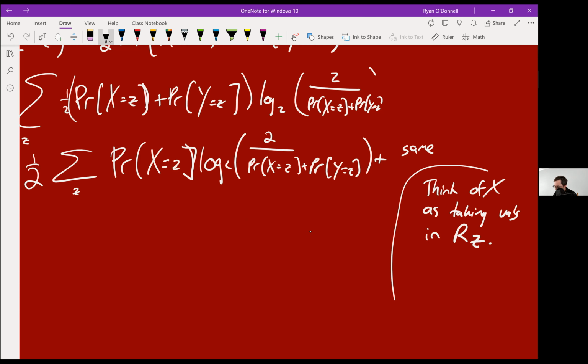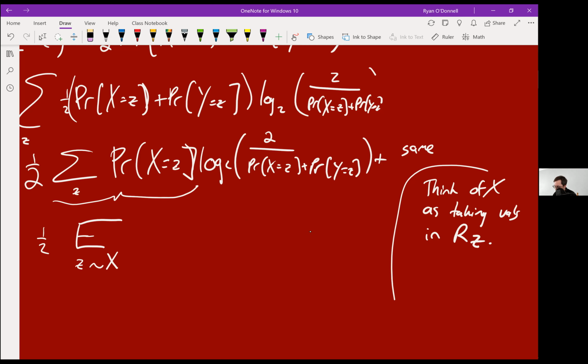And then, whenever I see something that looks like this expression, I get the temptation to write it as an expectation. Expectation over z drawn from X. If you just formally convert this to probabilities, it'll look like this.